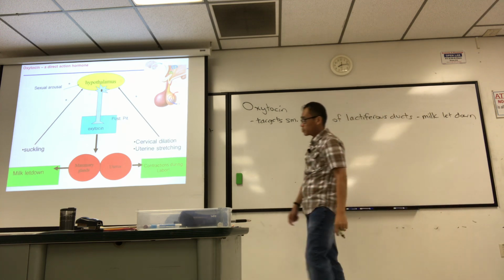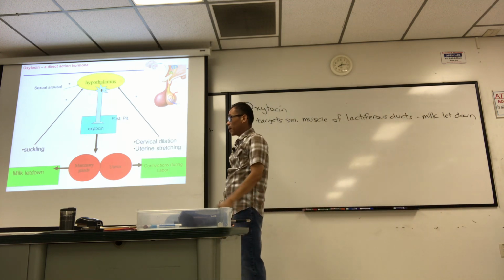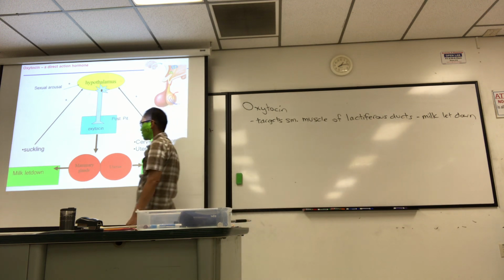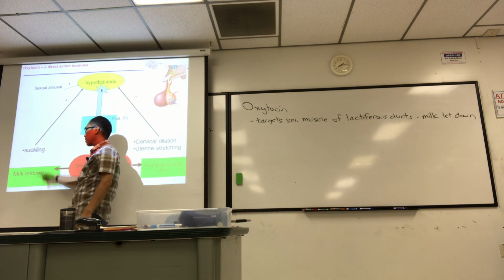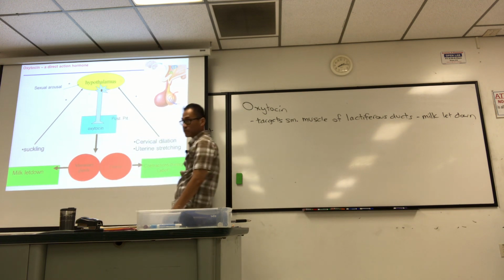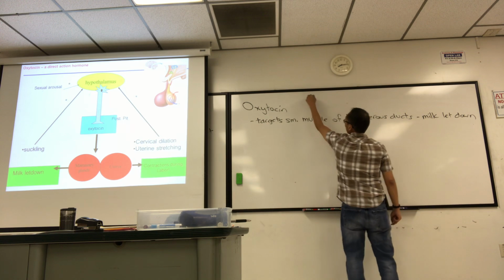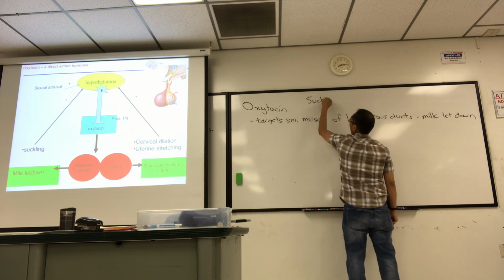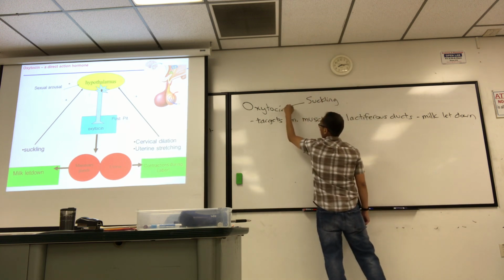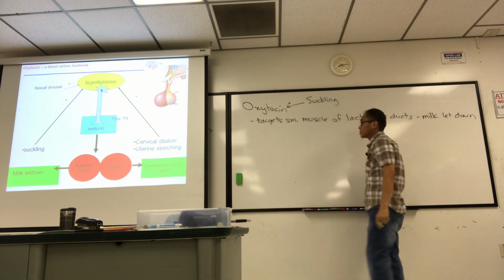Not sure if milk letdown is one word or two, but you allow the milk into the mouth of a suckling infant. So that's a stimulus for its release. Suckling is a plus for stimulus.